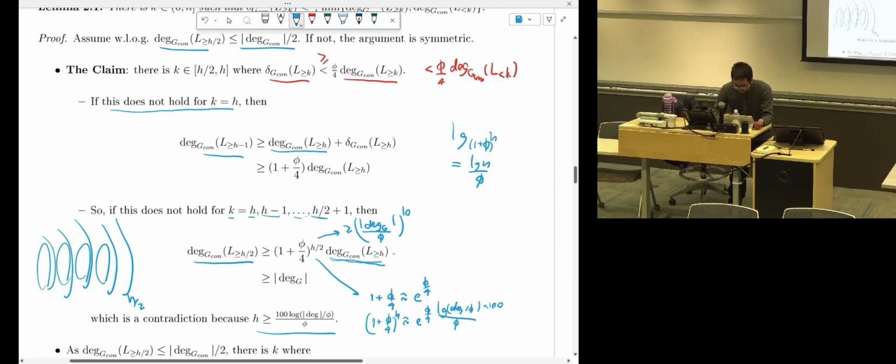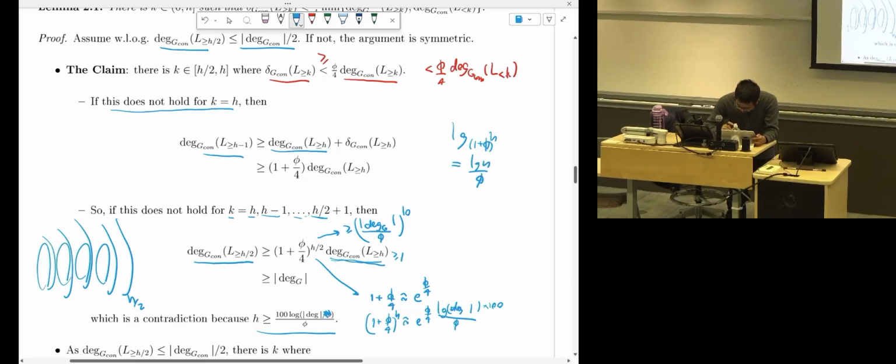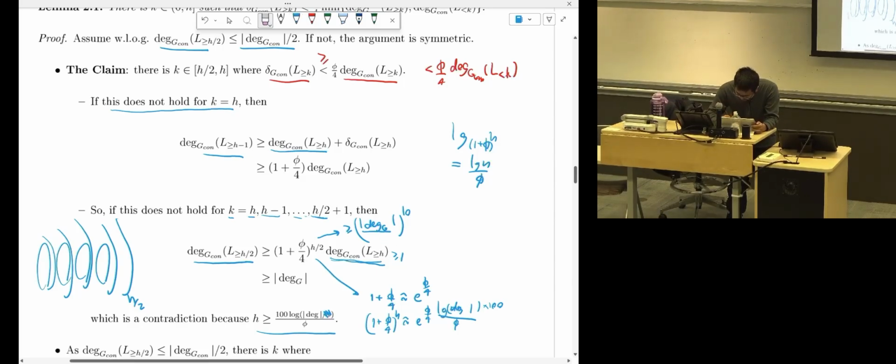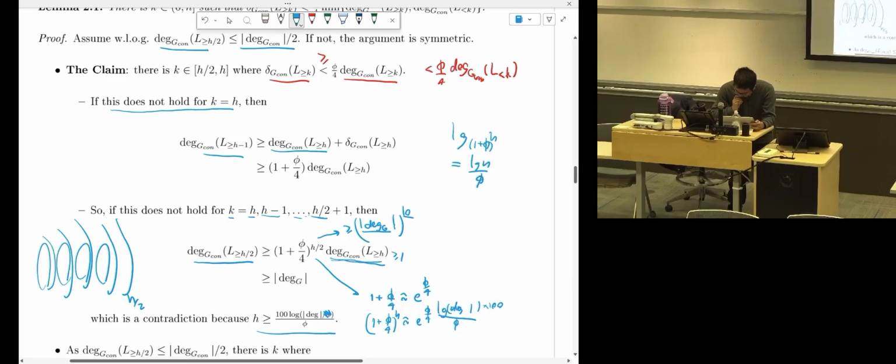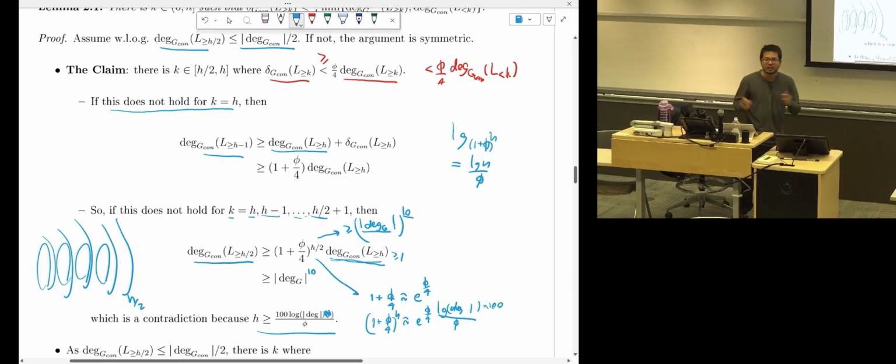Well, it's at least 1. Actually, why do I need phi here? I don't need it. So this is just 100 to the degree to the 10. So this is at least degree to the 10. So that's a contradiction.